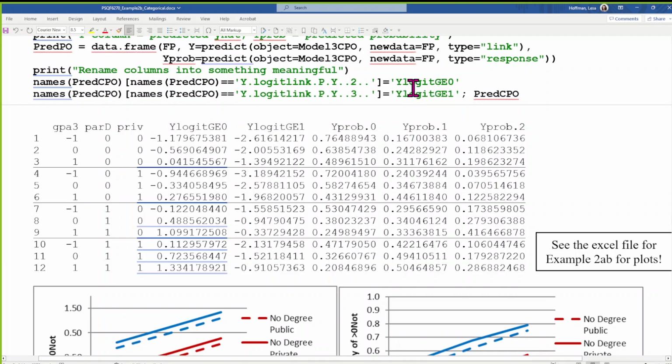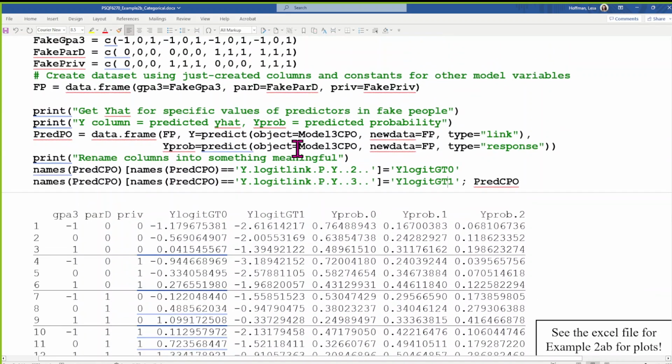Yeah, I named it badly, but it should be greater than 0. This should be a T, not equal to. There we go. Let's fix that real quick. Greater than 0 or greater than 1. Those are my logits. So the logits correspond to the submodels. They are lumping people together because that's how the submodels are specified.